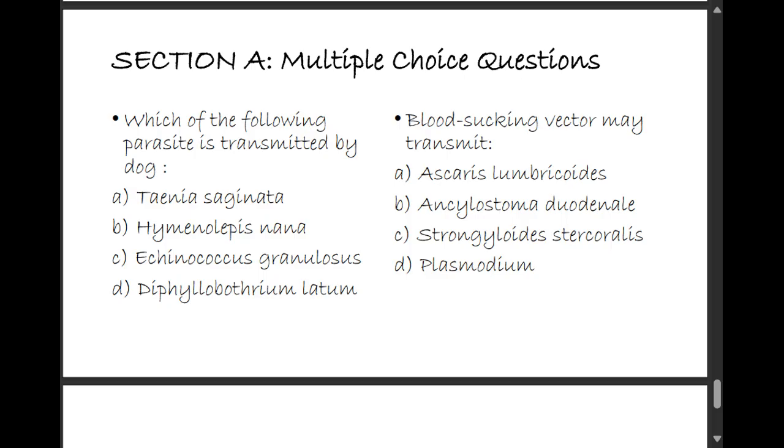For example, a dog is a reservoir host for cystic echinococcosis, which is a parasitic infection that comes as a result of the larval stage of Echinococcus granulosus, which in turn primarily affects the liver and the lungs of the human being. Are we together?